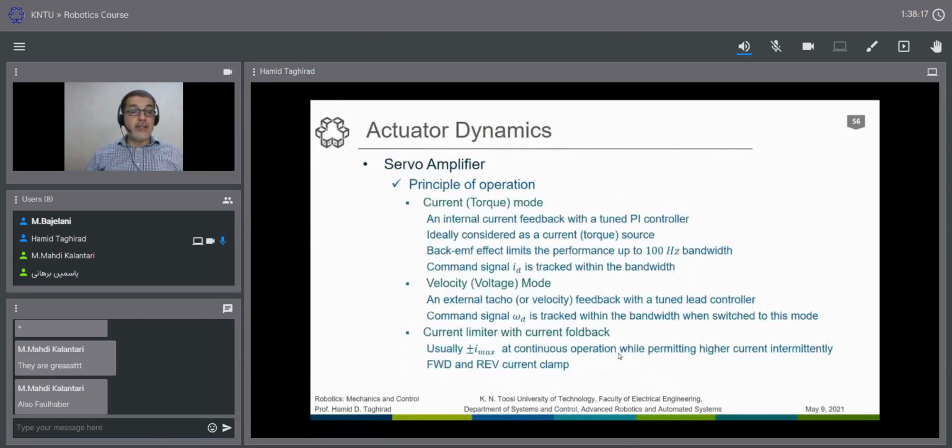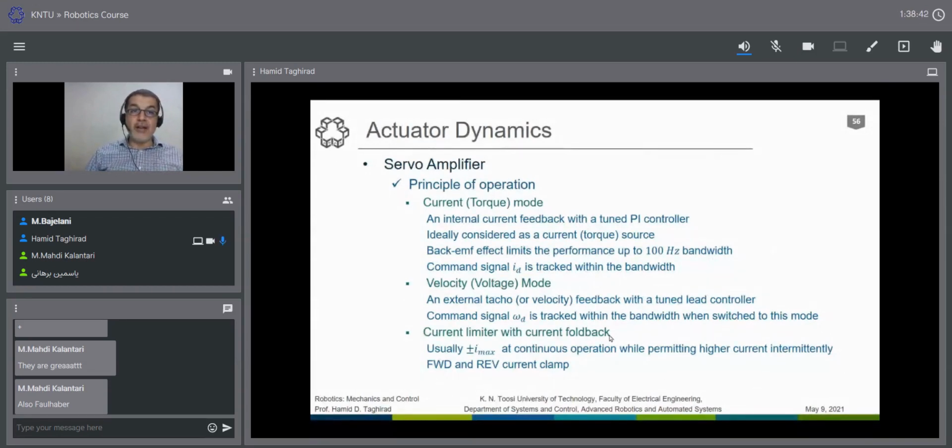Now, the important thing that I would like to share with you are some practical aspects of the system, and maybe these two would be the last part of this session. We can use the motor to work in a torque mode, a current mode, or a velocity mode.